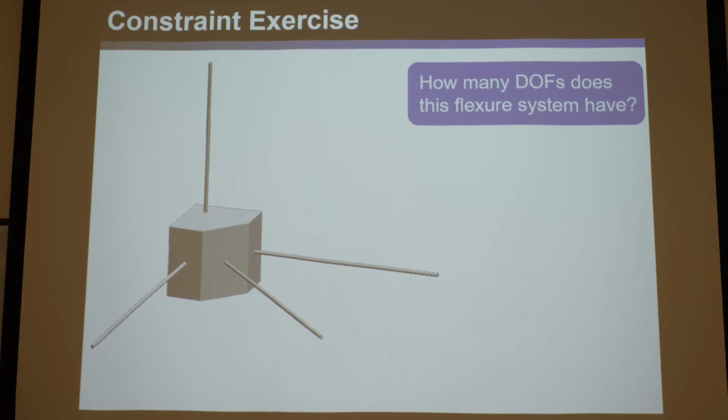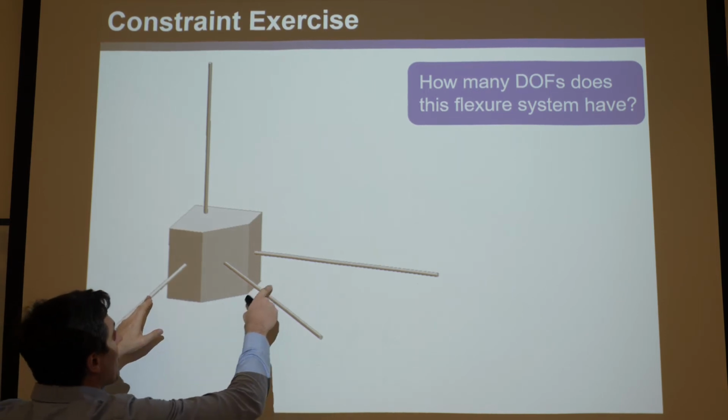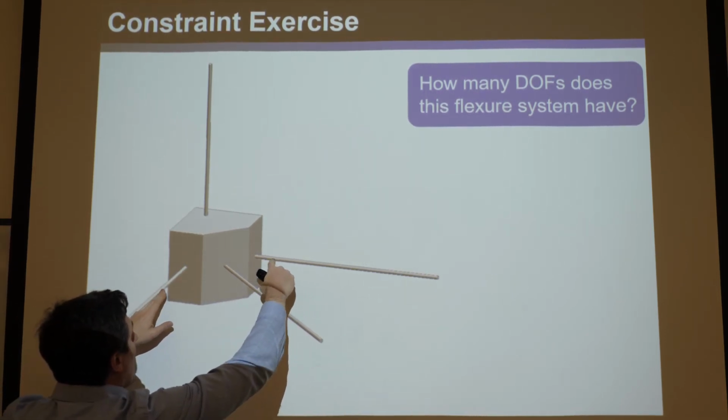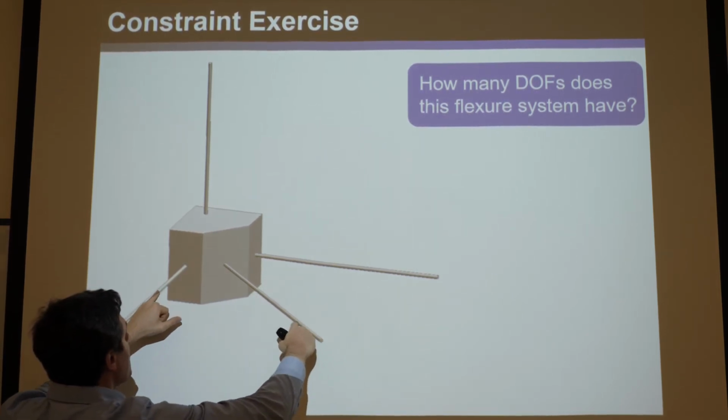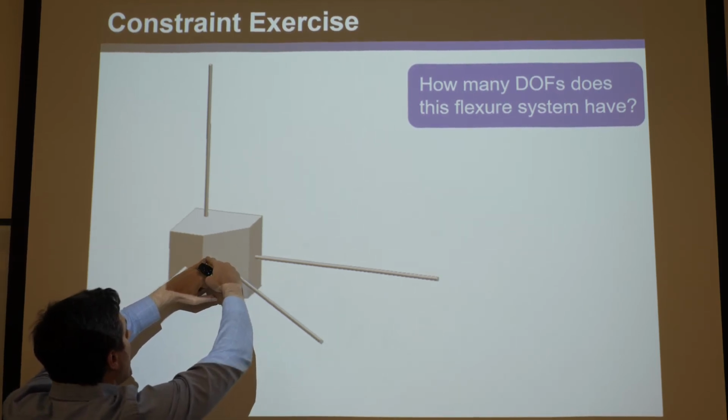Okay. How many degrees of freedom does it have? Well, if I were to draw a bird's eye view here, which I don't do in this, unfortunately, you'd see these 3 are on the same plane, and they all intersect. If I drew the blue lines, they all intersect at the same point.